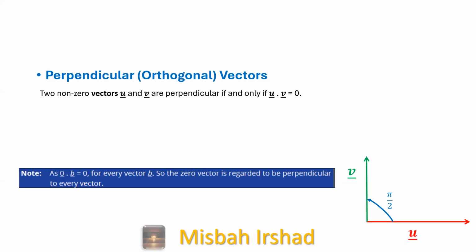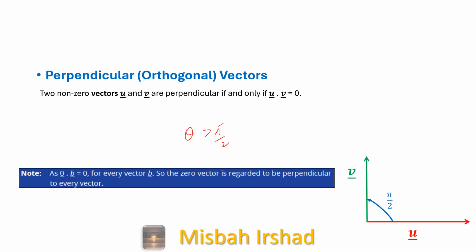So we can see that the dot product can have a positive sign, a negative sign, and 0 value as well. The dot product is negative when theta is greater than pi by 2, and it is positive if theta lies between 0 and pi by 2. At pi by 2, the dot product is 0.